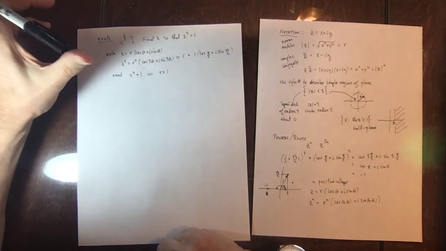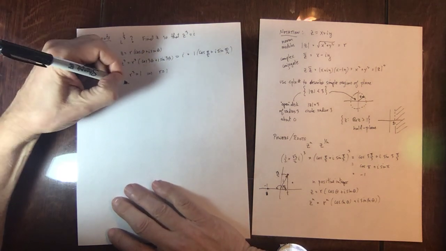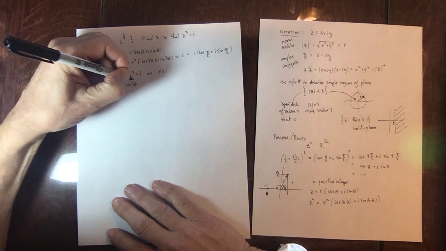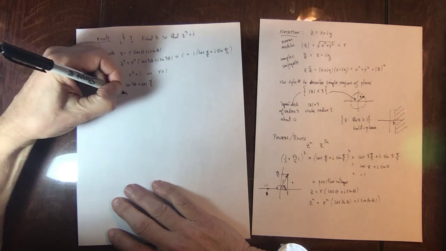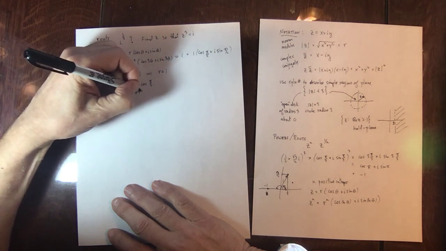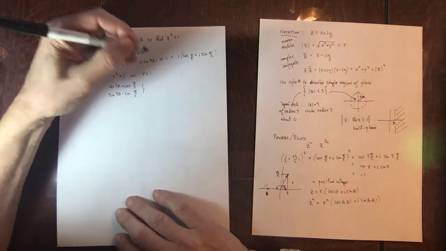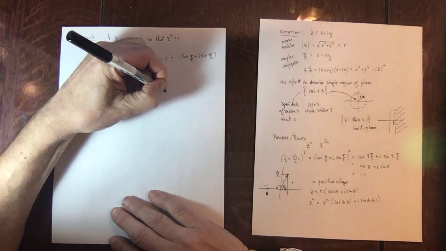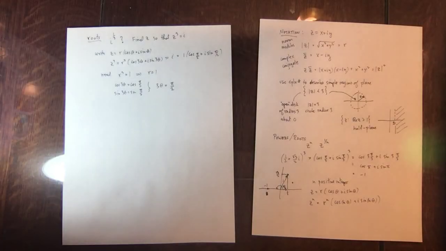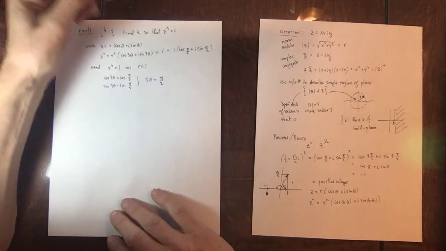So the root will again be a complex number of length 1. But the angle, all right, what do I need? I need that the cosine of 3 theta is the cosine of pi over 2, and the sine of 3 theta is the sine of pi over 2. These two together tell me that I need 3 theta to be pi over 2. Well, hold on, that's a little careless. This would be one solution, but there are other solutions, right?